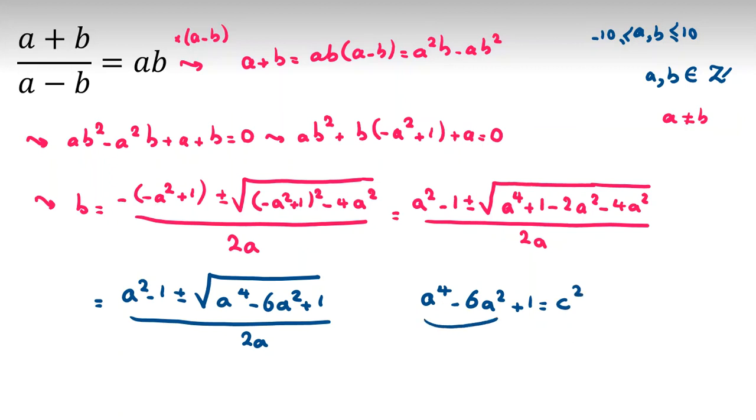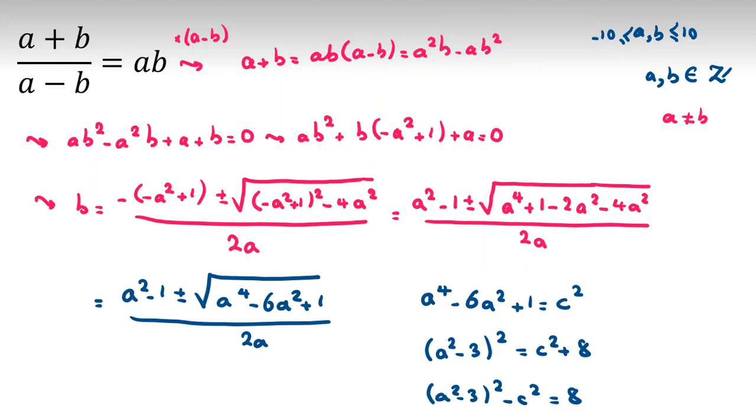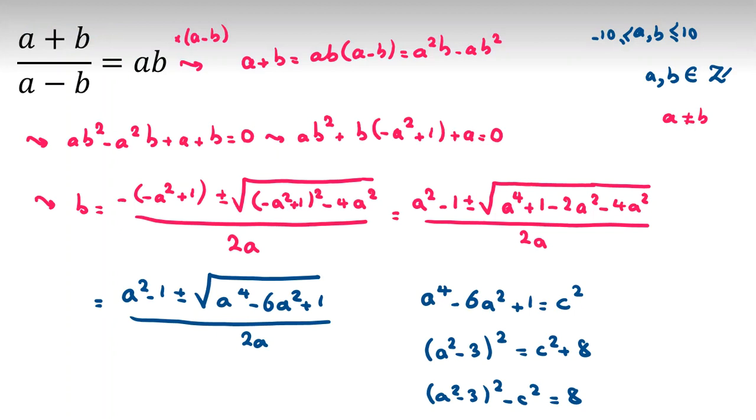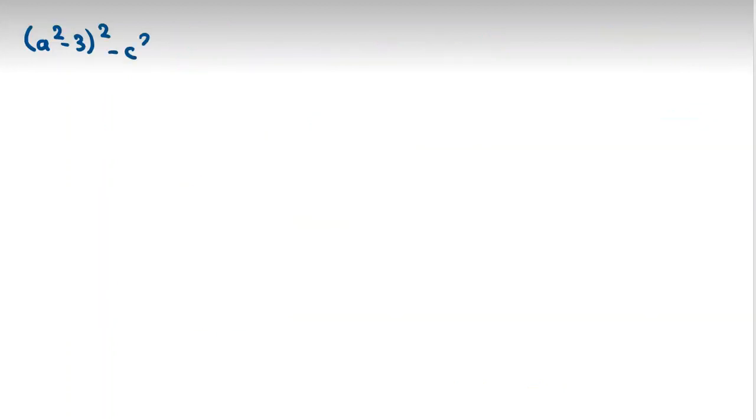By the formula I wrote, (x minus y) squared, I can say it is (a squared minus 3) squared, then it will be plus 9, but here we have plus 1. So we should also add 8 to the right hand side. Now, I can say (a squared minus 3) squared minus c squared equals 8.